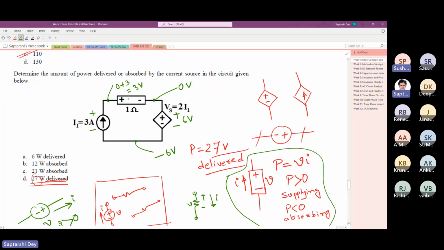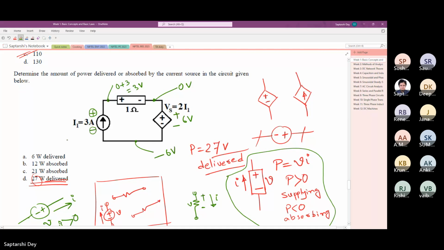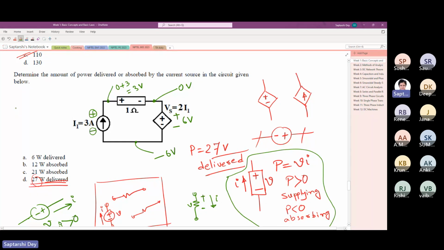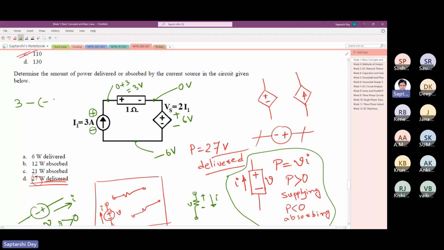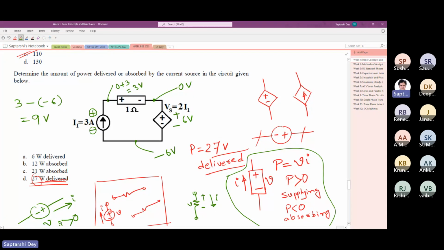So the voltage polarity that I have drawn across the current source, if I ask you what is the voltage across the current source, you will say 3 minus 6, 9 volt. We are getting the same thing, right?